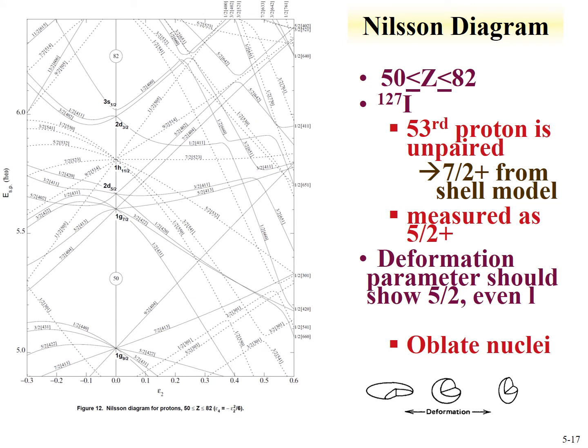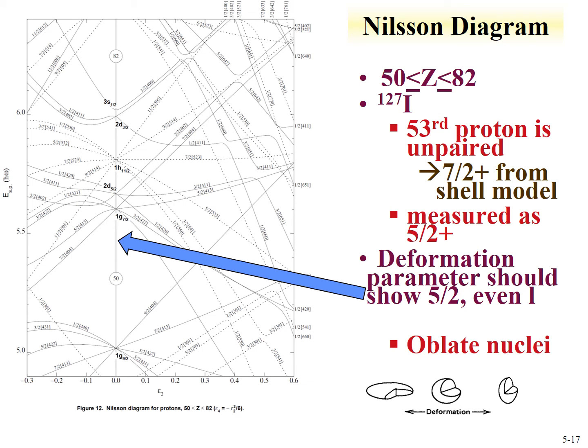So let's consider iodine 127. It's a stable nucleus. Here's the Nilsson diagram for the protons of Z between 50 and 82 for iodine 127.